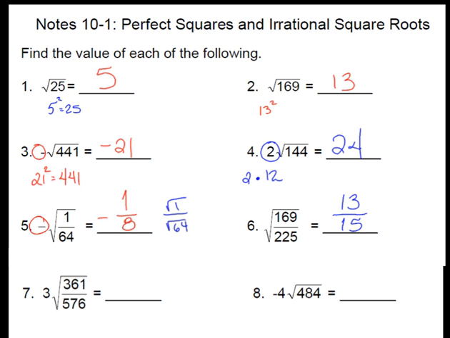Looking here at number 7. This time we do have a little extra work we need to do with it. This 3 is going to be chilling out front, waiting to multiply by whatever comes outside of the radical. Well, the square root of 361 is 19. 576, we know it's greater than 20.